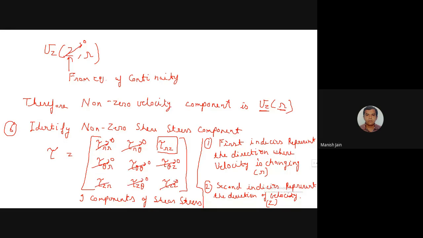You may have a problem where all other components are also not zero. Then the problem will become more complicated. Here we are solving the problem in the easiest way. So here you have tau rz as the non-zero component.